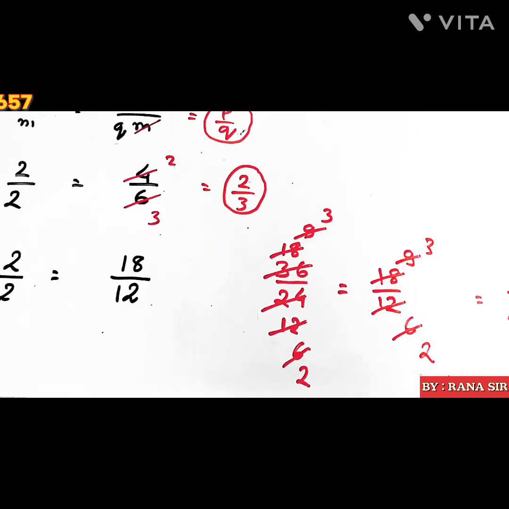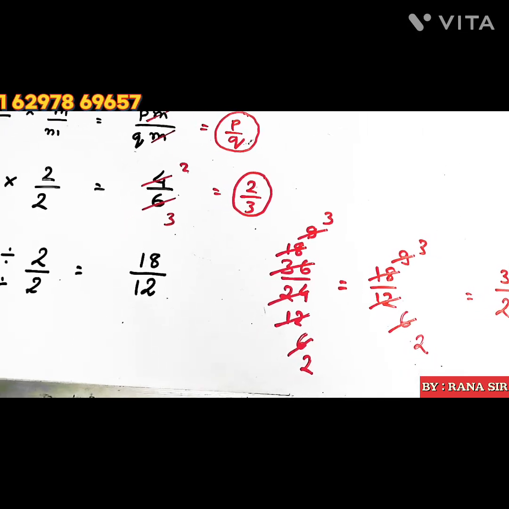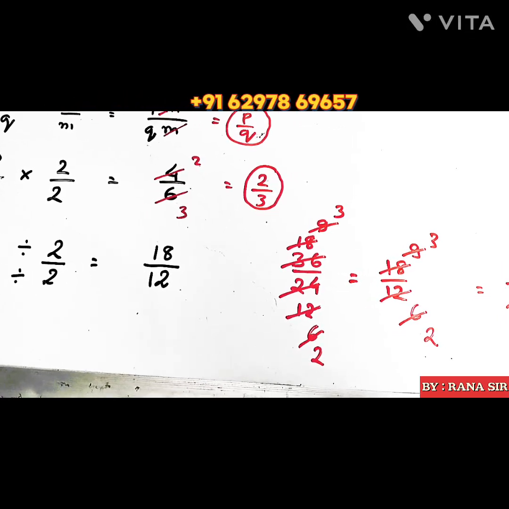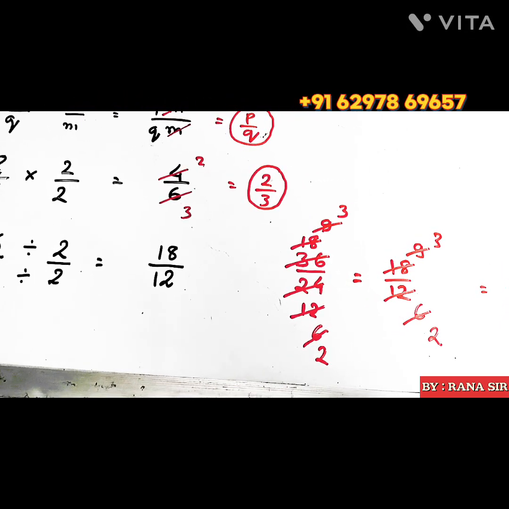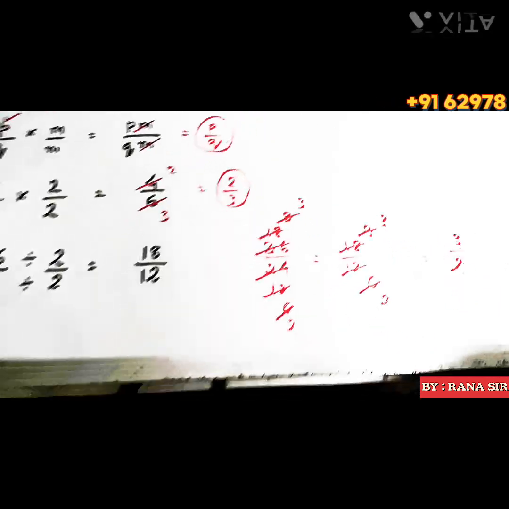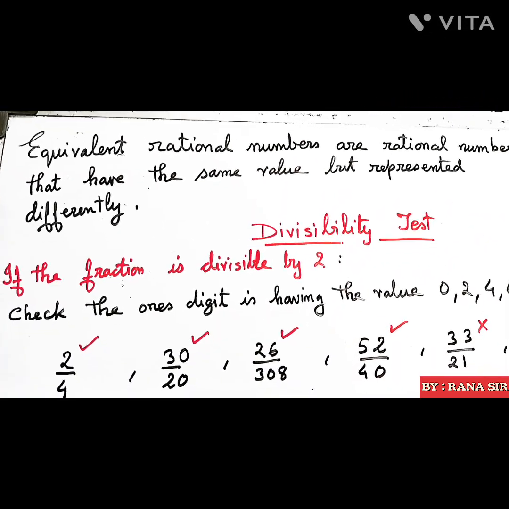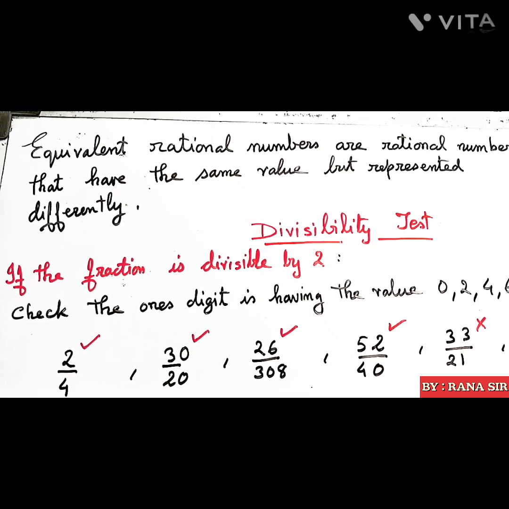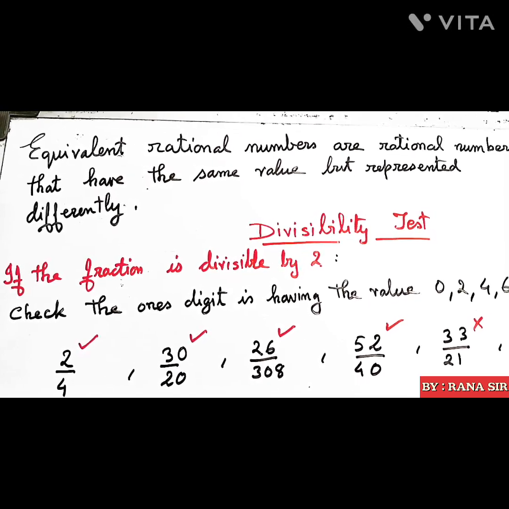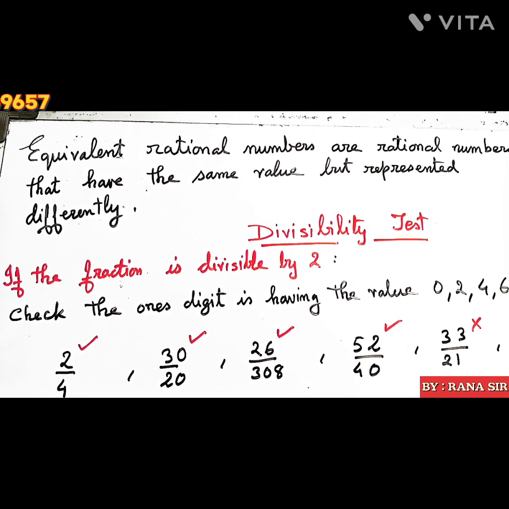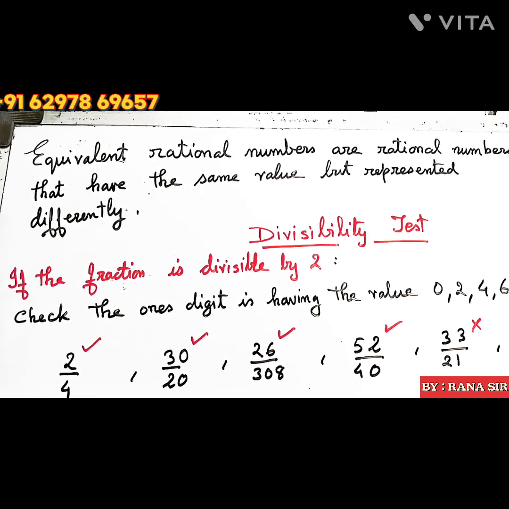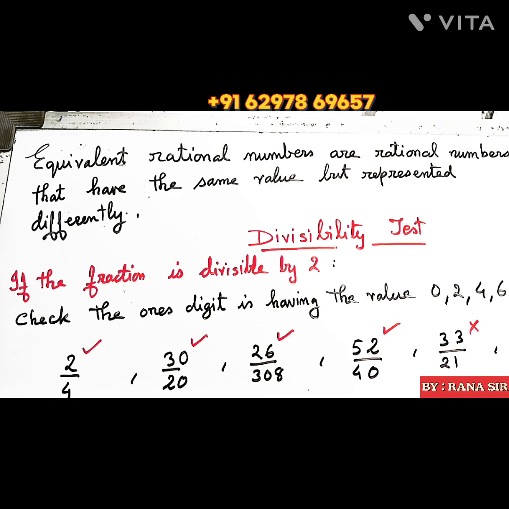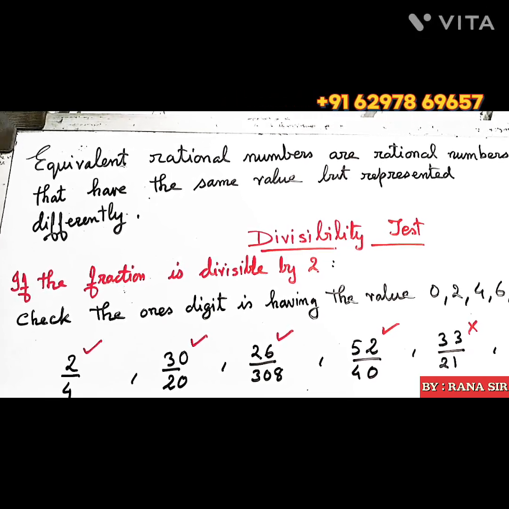So even if I divide a rational number by the same number, the original value of the rational number remains unchanged. So equivalent rational numbers are rational numbers that have the same value but are represented differently.